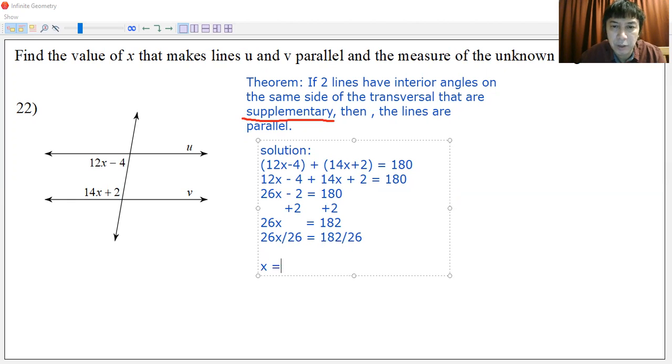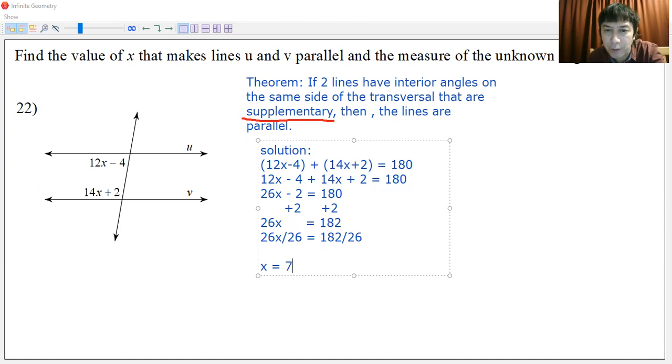So x will be, how much is that? 182 divided by 26. 26 times 7 is 182, so it's a 7.